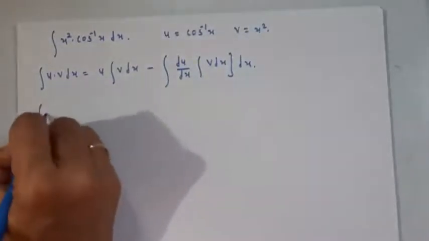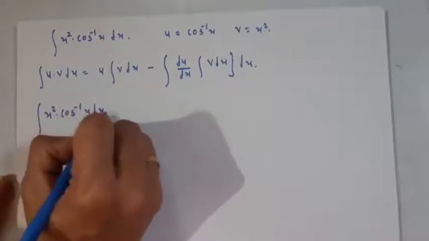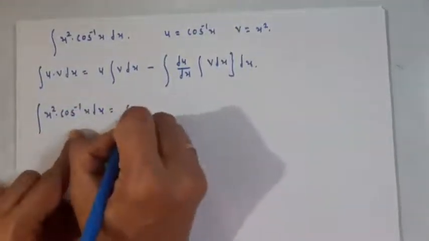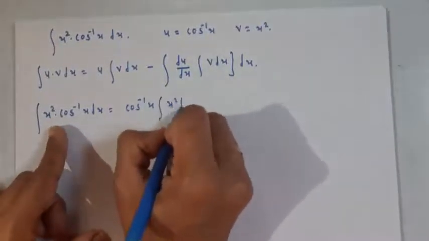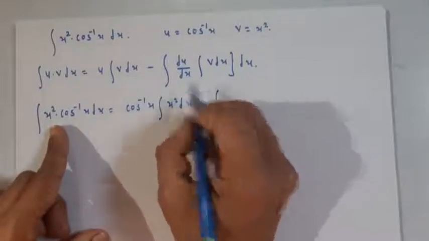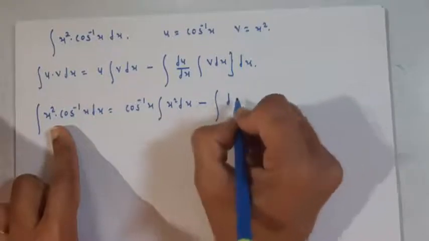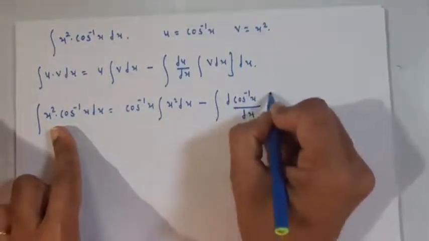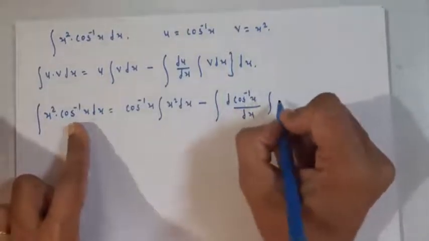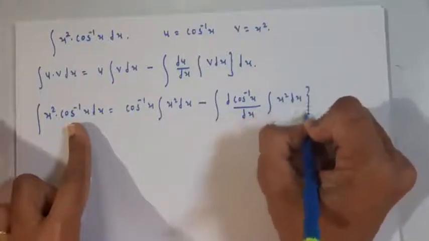So for integration of x square into cos inverse of x, u equal to cos inverse of x as it is, integration of x square with respect to x, minus integration of differentiation of cos inverse of x into integration of x square with respect to x, and whole integration with respect to x.